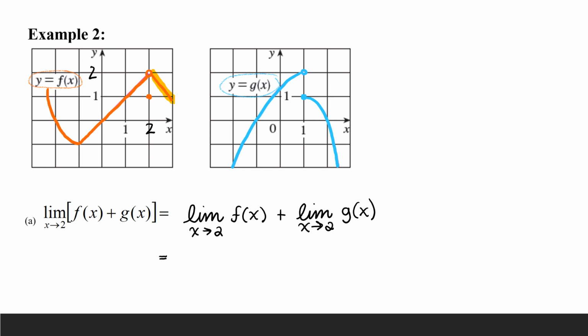And if we look at our left limit, the left-hand limit as x approaches 2 of f of x is also 2. So the overall limit as x approaches 2 of f of x is 2.